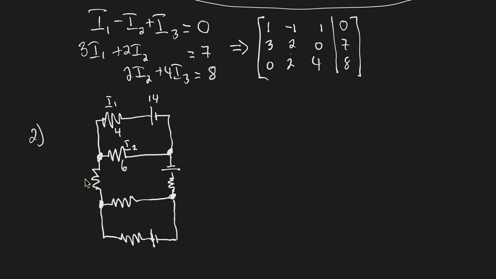The unknown current here is I3, and this is I5. The resistance across this resistor is 2. This one is 4. This one is 3. The voltage here is 18. Voltage here is 16. Resistance is 6. And then I had this labeled as I4. So I think we have everything labeled.